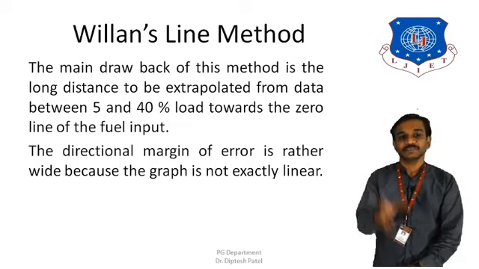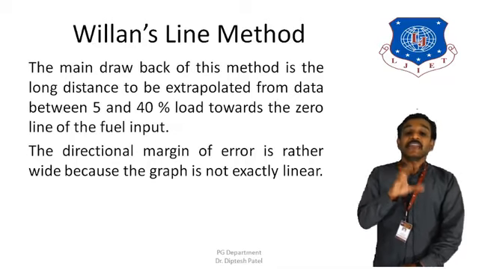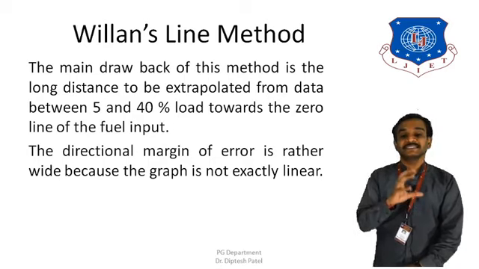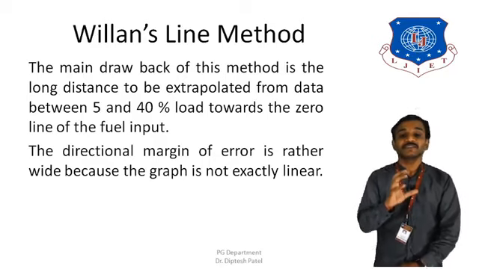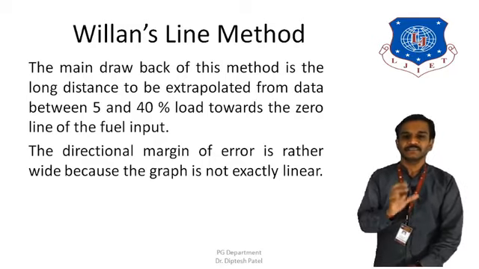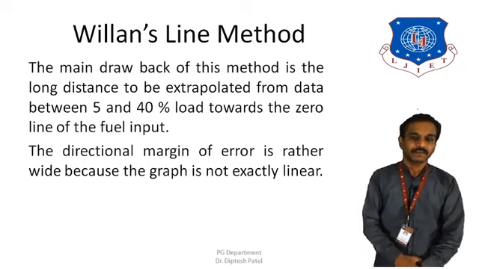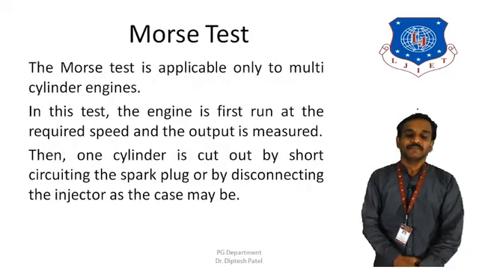The accuracy is also an issue for the Williams line method, because a margin of error always occurs, this error is always wide, and therefore the graph is not exactly linear. So there are always questions about the accuracy of the Williams line method. So this is how the Williams line method works.